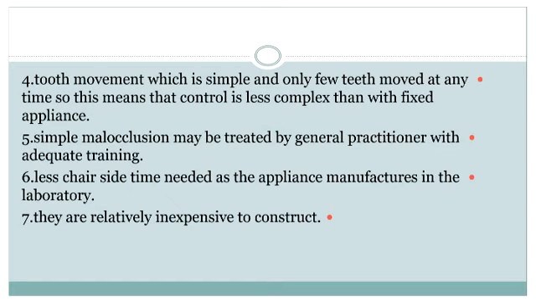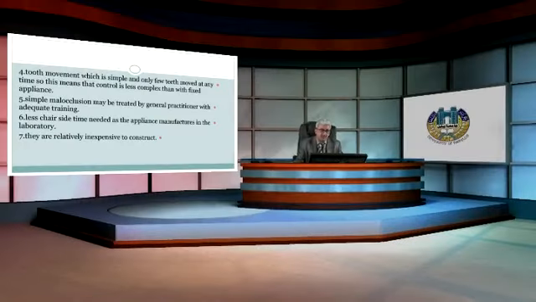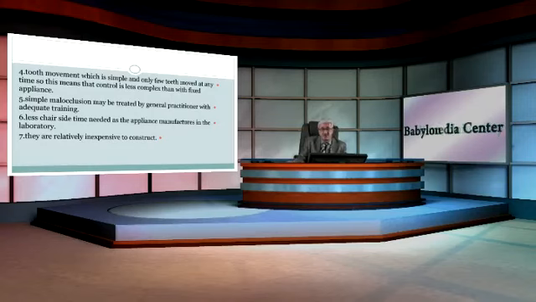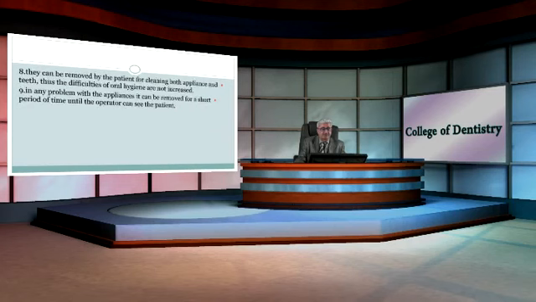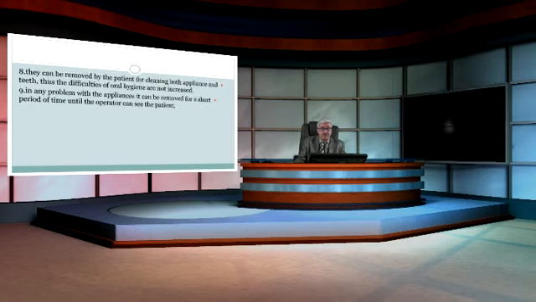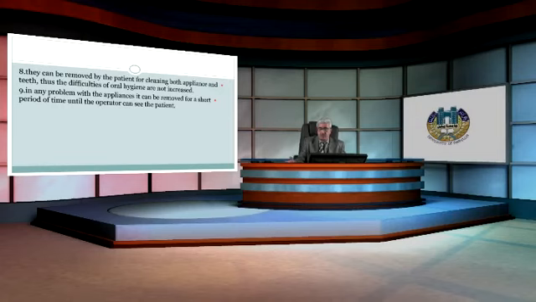Number 5, simple malocclusion may be treated by a general practitioner with adequate training. 6, less chair time needed as the appliance is manufactured in the laboratory. We need laboratory effort for that. Therefore, the chair time during the treatment session is very short compared with fixed and other types of orthodontic appliance. 7, they are relatively inexpensive to construct. 8, they can be removed by the patient for cleaning.